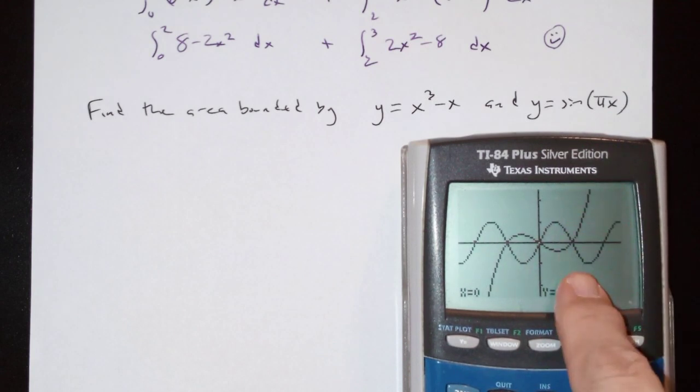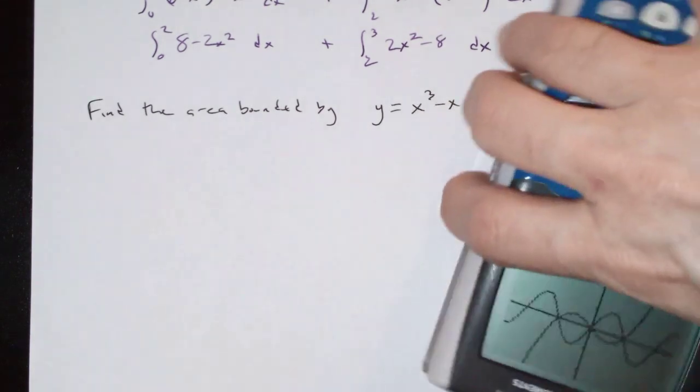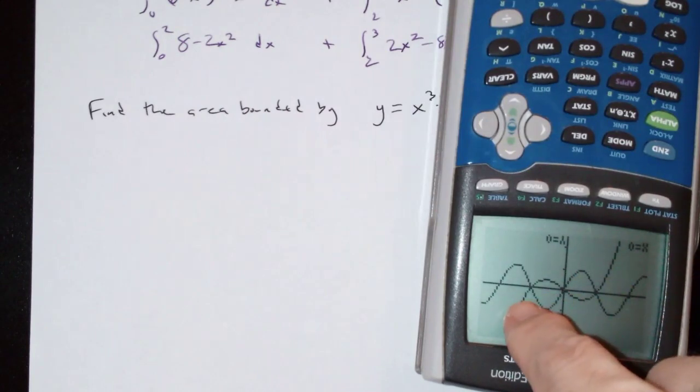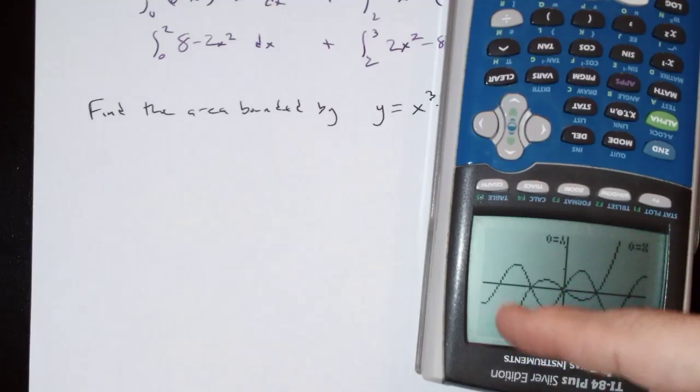But what's up here is not down here. These two shapes are not the same. It is reflected, but it's reflected through the origin. What's up here is down here. It goes diagonally this way.